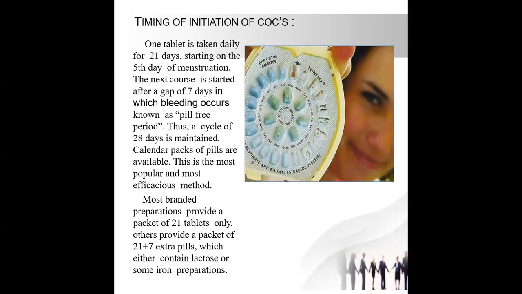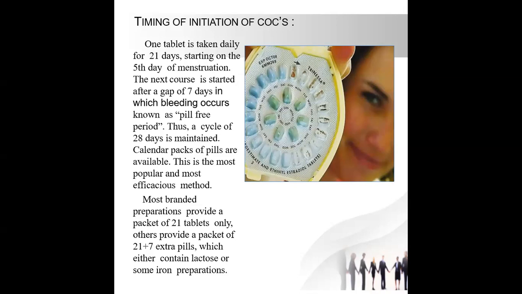We give 21 tablets in one cycle, assuming the normal menstrual cycle is 28 days. So we start the first pill on the 5th day of menstruation, and it is continued up to the 25th day of the menstrual cycle.